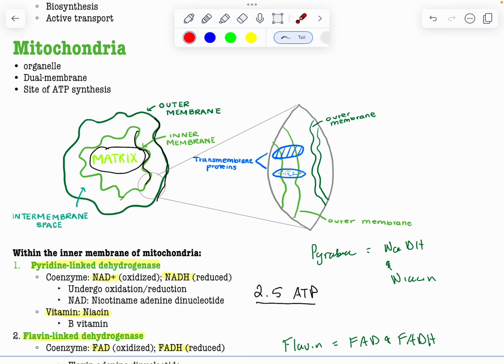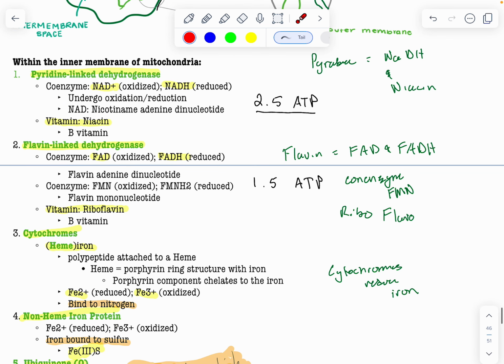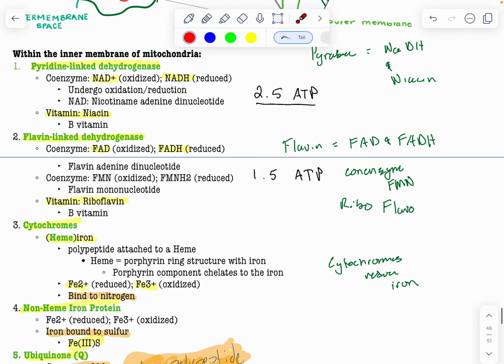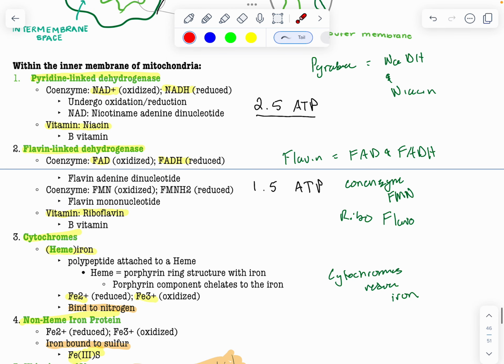This next topic is heavy, but it's some more memorization we need to know. Within the inner membrane of the mitochondria, we're going to have a couple things we need to memorize. First thing we need to memorize is pyridine-linked dehydrogenase.